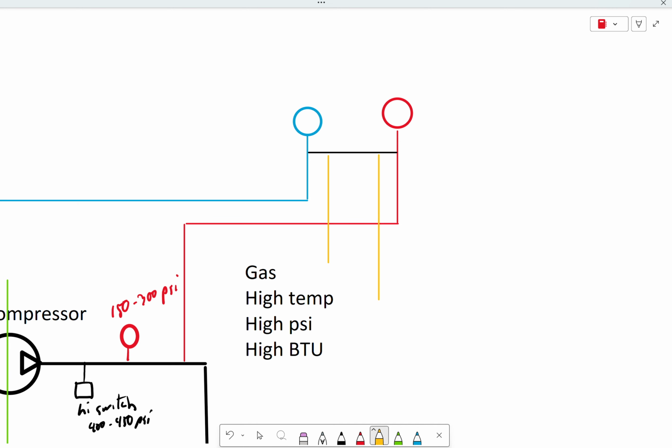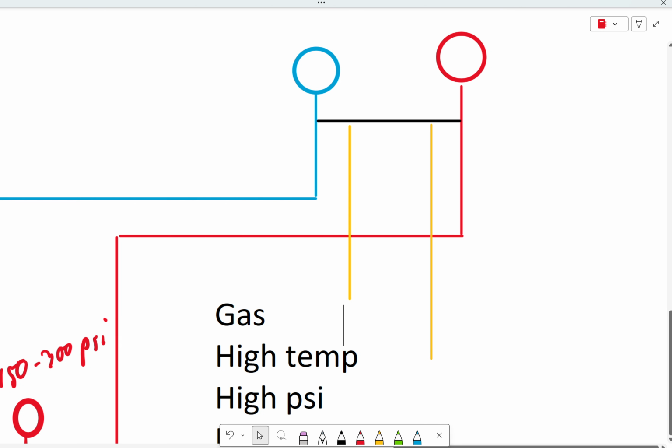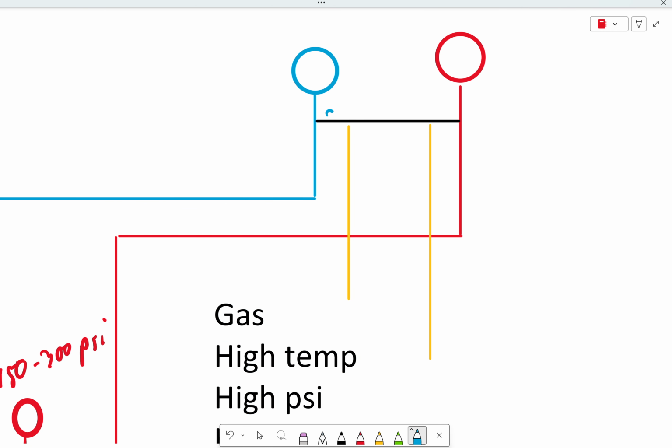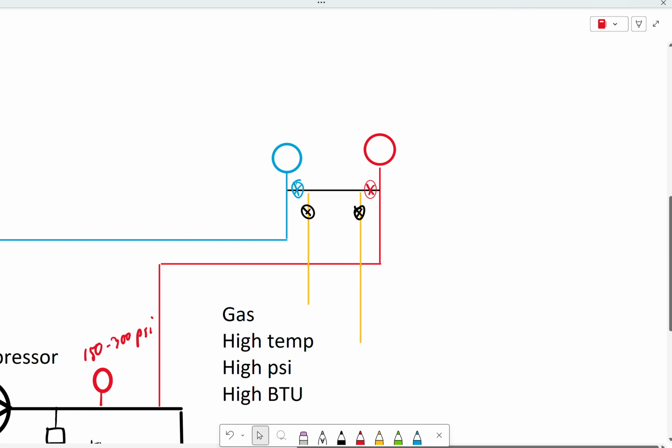All right. And then each one of these has a valve. So we'll draw in our blue valve, our red valve. And then the other two each have their own valve. So this means that you can isolate and use anything you really want here.